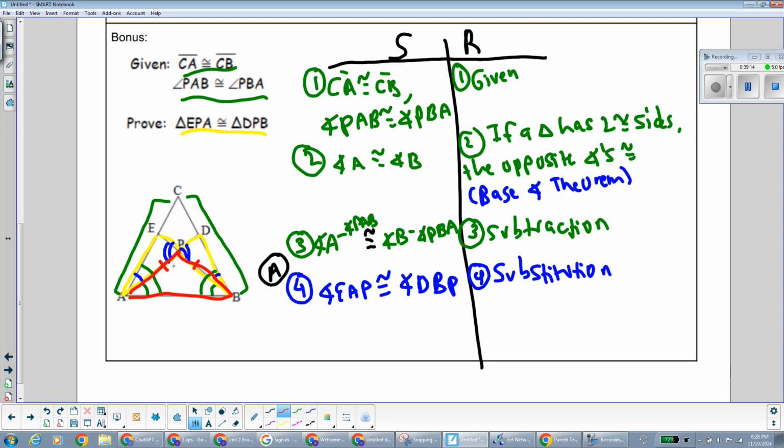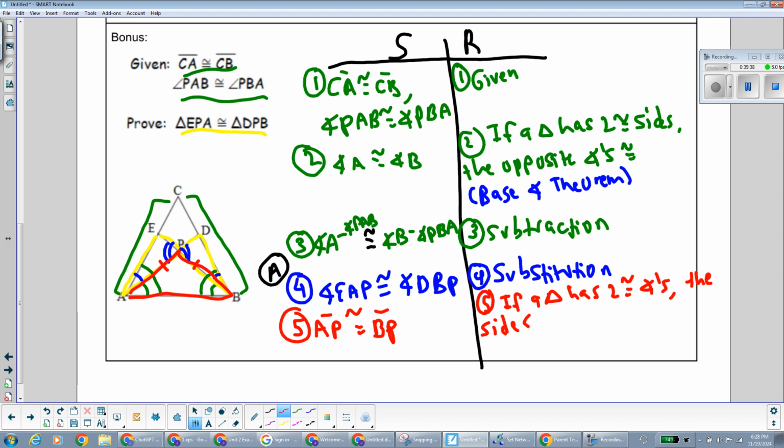Now we need the side. AP is congruent to BP. And that's because the inner triangle here in red had two equal angles, therefore it has two equal sides. If a triangle has two congruent angles, the sides opposite are congruent.